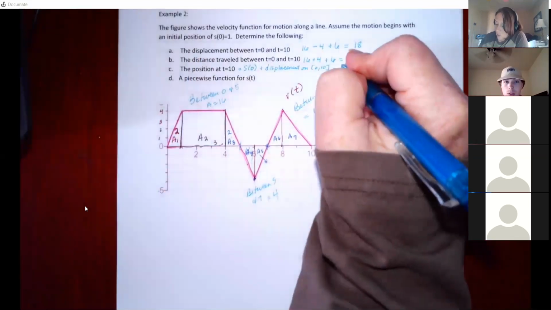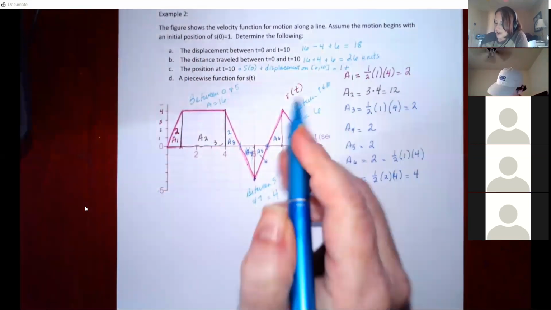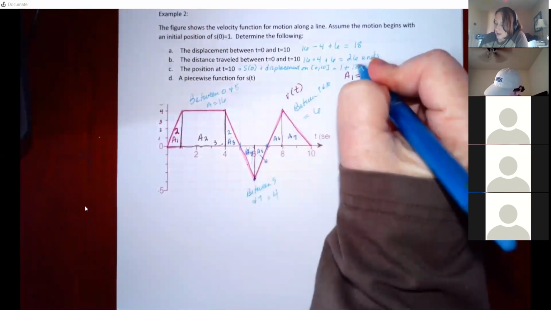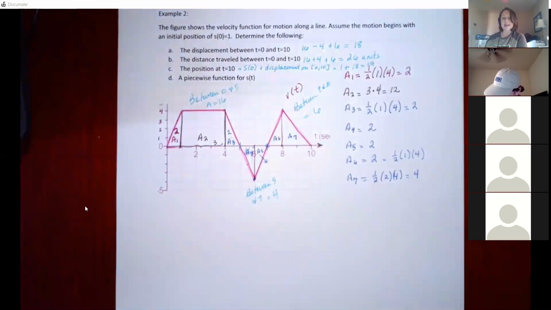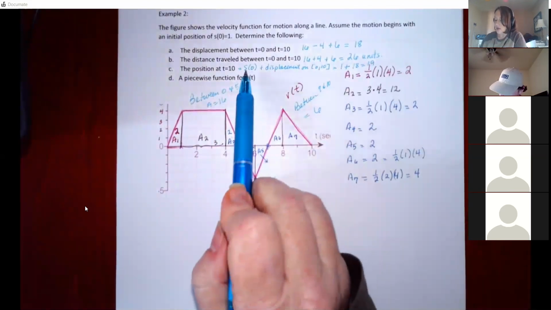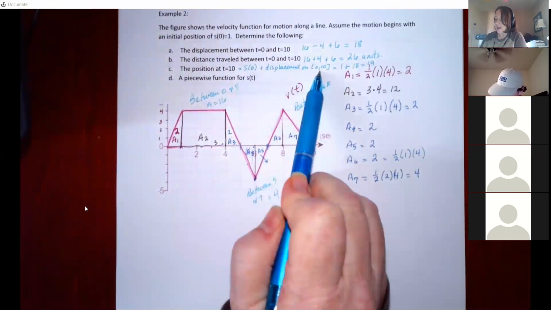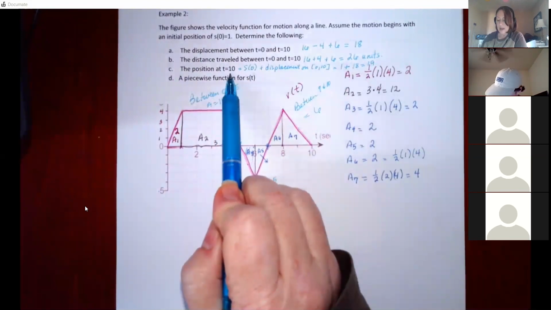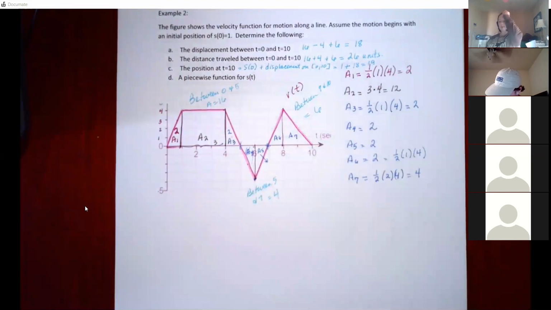So we will have 1 plus the displacement, which was 18, so we'll have 19 for our position. Okay, sorry, it kind of ran together there. So you just take your initial position and add the displacement on the interval from 0 to whatever this t value is. And the reason I kind of squished all that up in the top was because this last part, there's quite a lot to it.